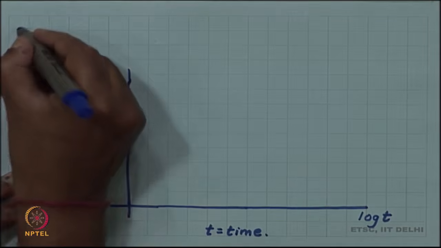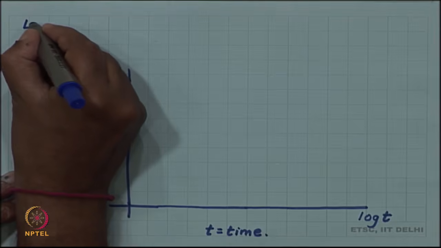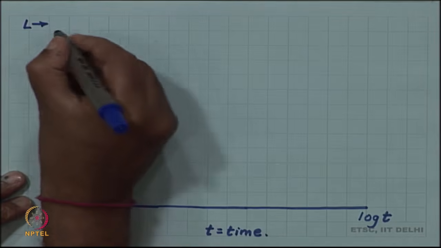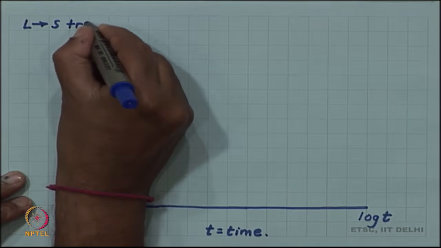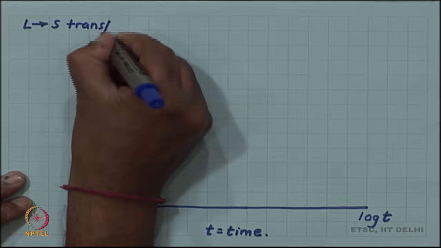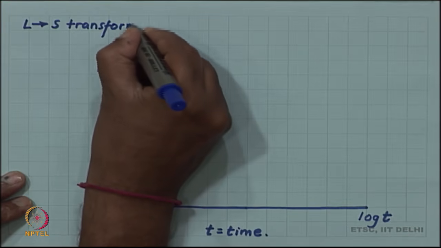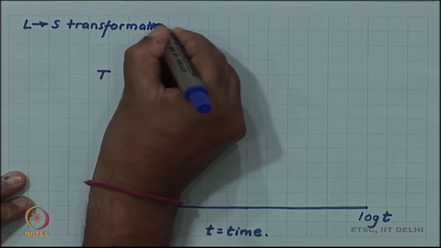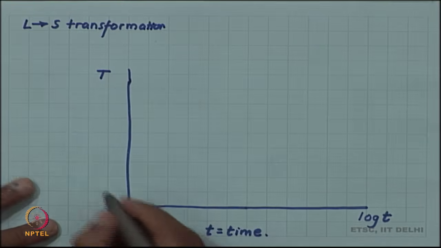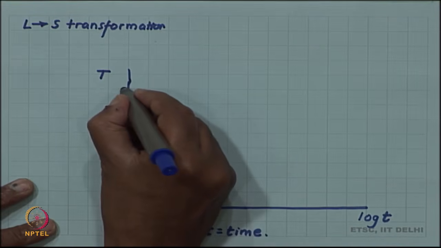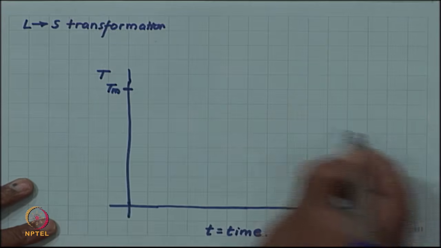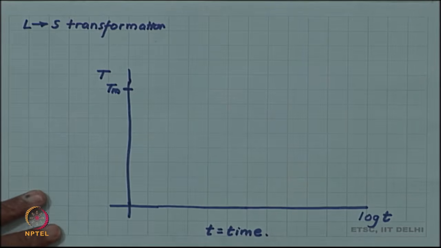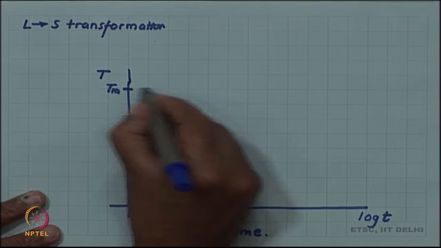Again, let us look at, as an example, liquid to solid transformation. So, we have the critical temperature, which is the melting temperature, above which no transformation will happen.